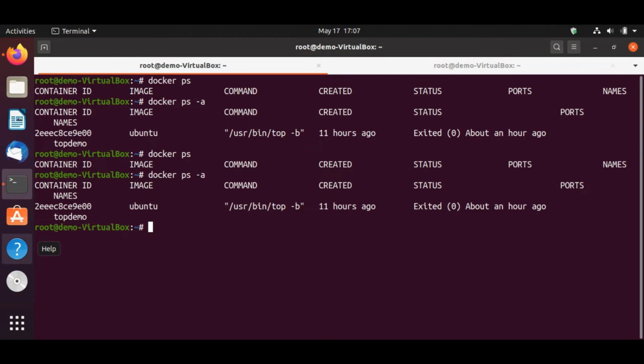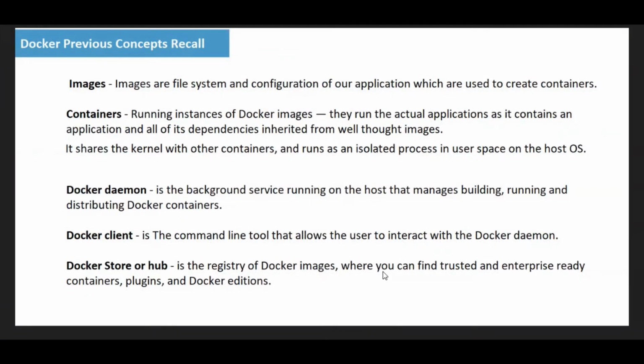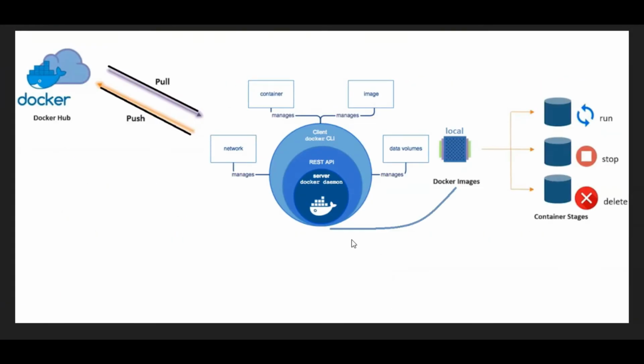Now moving on to the next command, which is the pull command. Docker pull image. If you understood docker run, then you would have realized that it works in three steps.